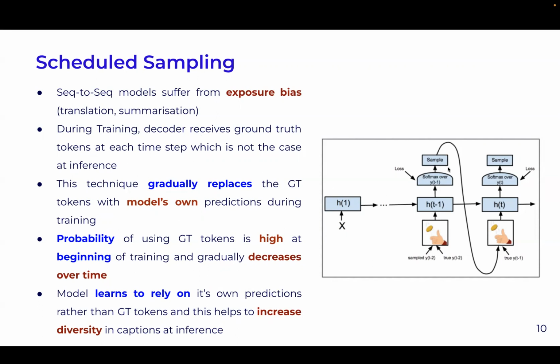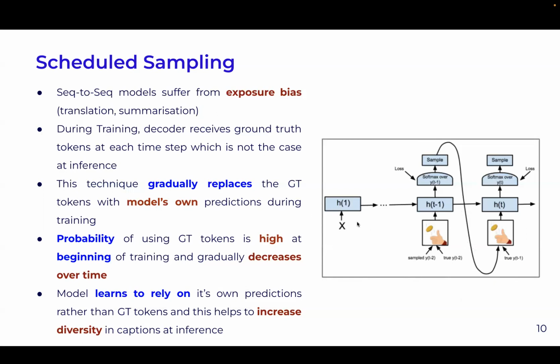In this image, suppose at time step 1 the model has predicted something. We calculate the loss for this time step by using this predicted token with respect to the ground truth token we have. That's how the loss is computed.